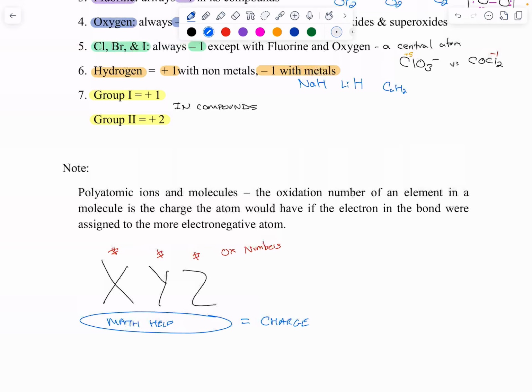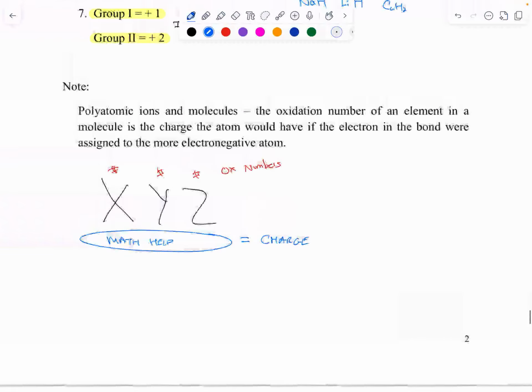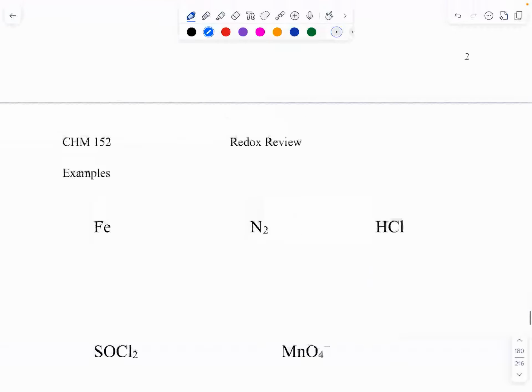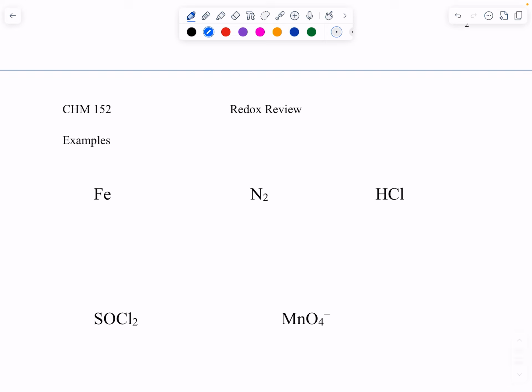All right, so let's do some examples. So we got iron. Iron metal. Well, is it an element by itself? Yes, it is. 0. N2. Is it an element by itself? Yes, it is. 0. HCl.